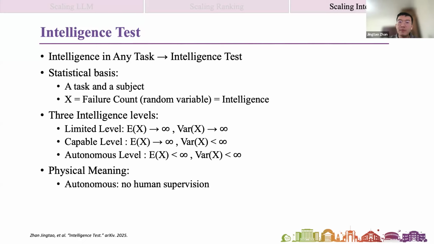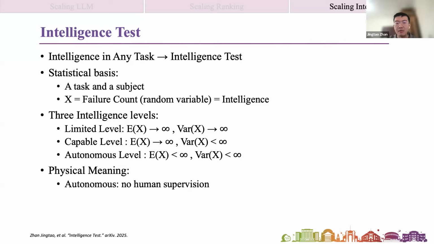We model the failure count as a discrete random variable. For example, we let the subject try to prove a math question again and again, and model how many times the subject should try before he can actually arrive at the correct proof or solution.